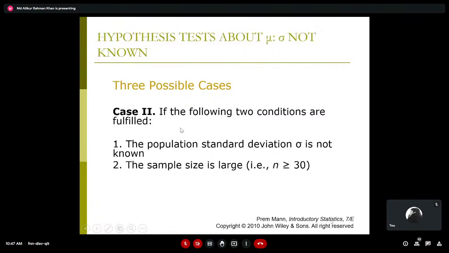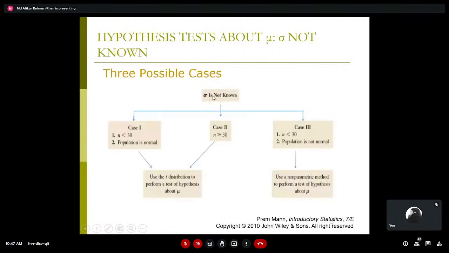The possible cases are essentially the same. If sigma is not known, we use the T distribution, the only difference is in the T. Case 3 is exactly as it is.